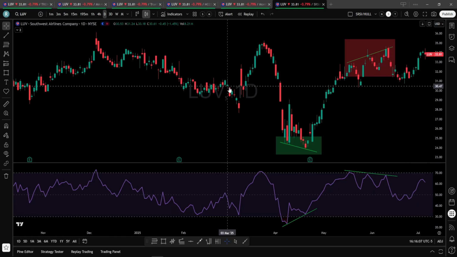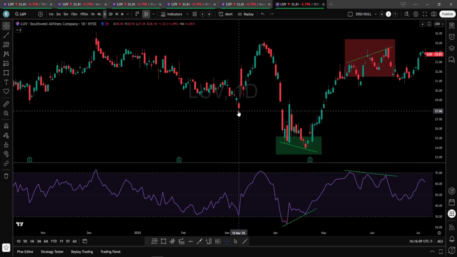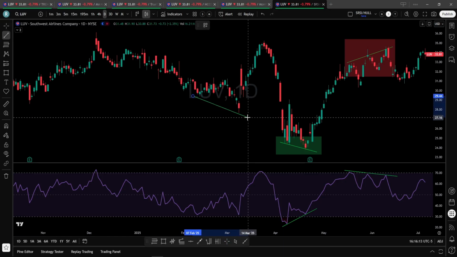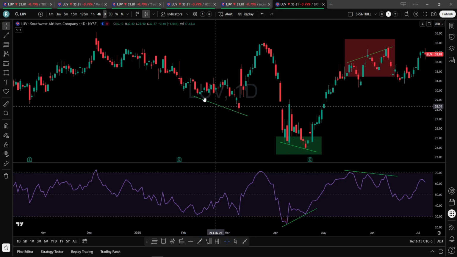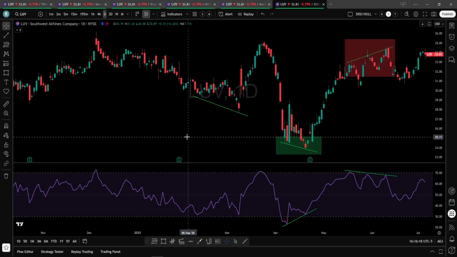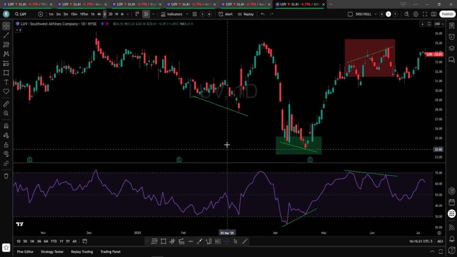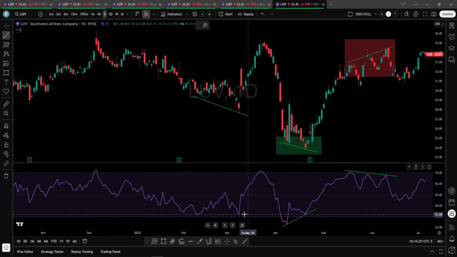Then prices started to move down again, making a substantial lower low on the price chart. We can put a trend line there so we can look at the angle of descent. But here, notice that we did not make a lower low of any significance whatsoever. If anything, it's virtually an equal low.